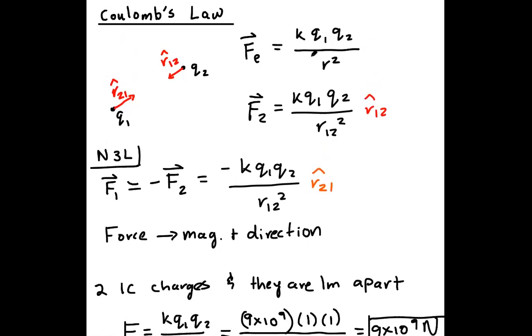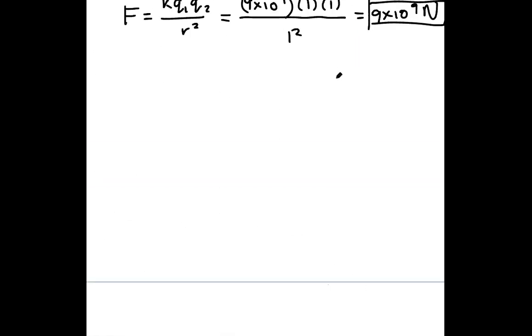But of course, things are about to get more complicated. So let's take a look at a system with more than 2 charges. Systems where we have more than 2 charges are known as discrete charge distributions. It's a fancy word, but it's really quite simple.